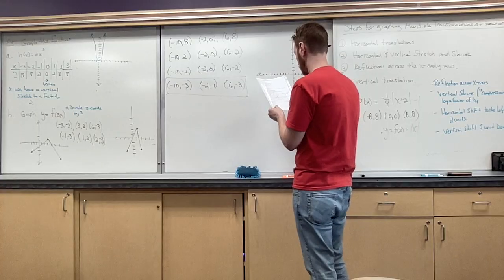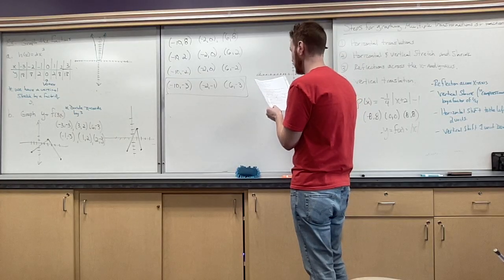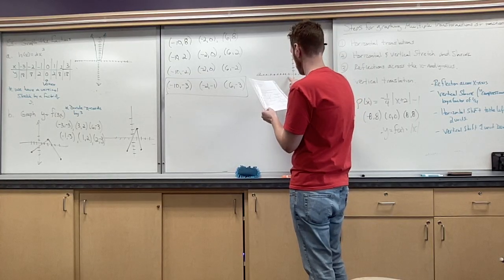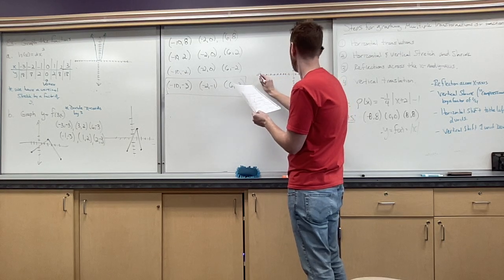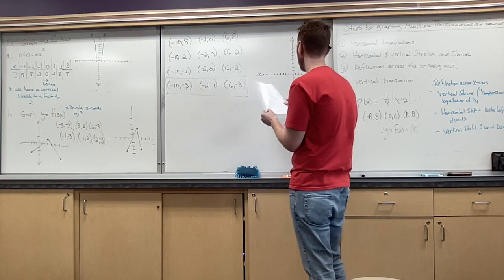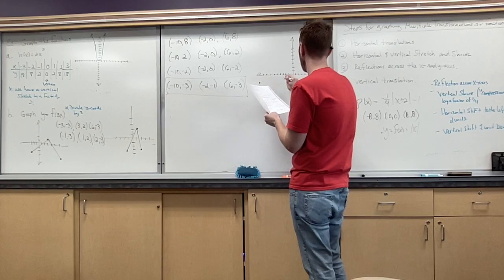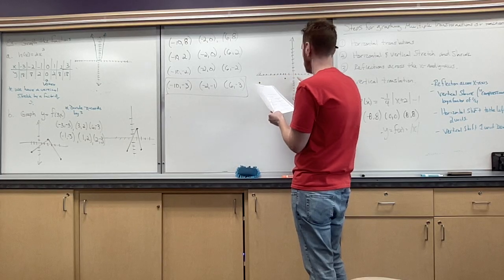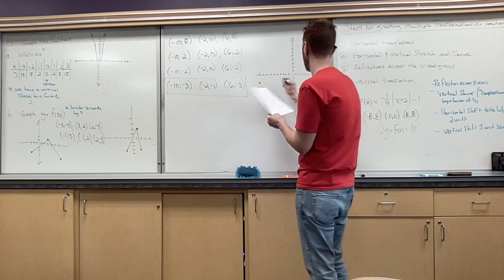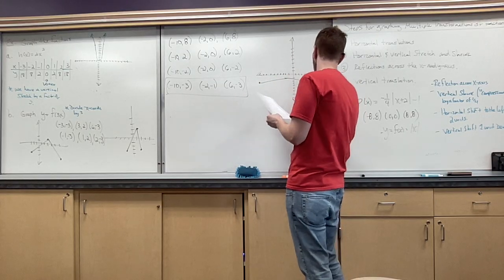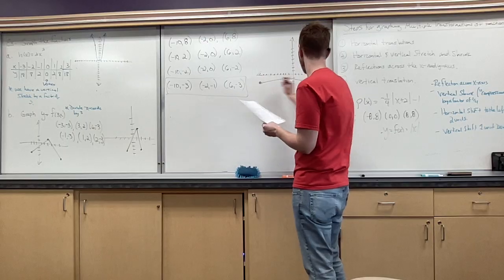So we have here -10, 3. 1, 2, 3, 4, 5, 6, 7, 8, 9, 10. 1, 2, 3. So there's that point. -2, -1, and then 6. 1, 2, 3, 4, 5, 6 down 3. There we go. I'm trying to make these points a little bigger.